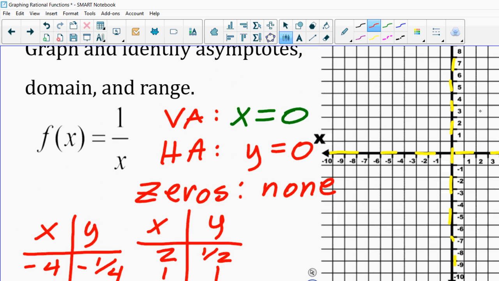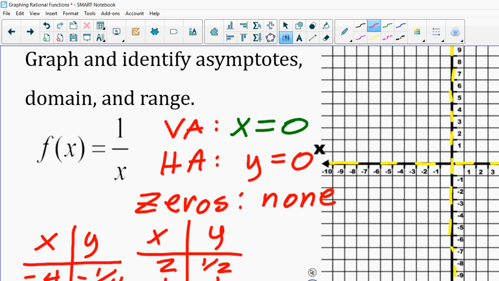Now what you're going to do is just plot those points and you're done. Negative 4, negative 1/4. Negative 1/2, negative 2.